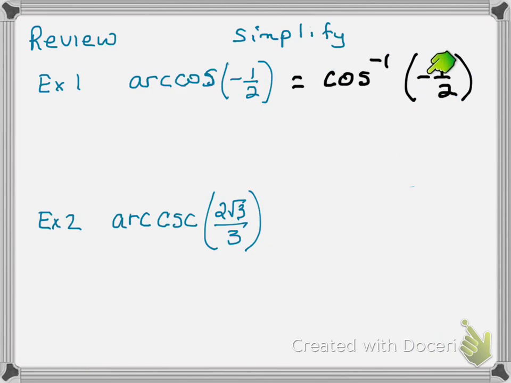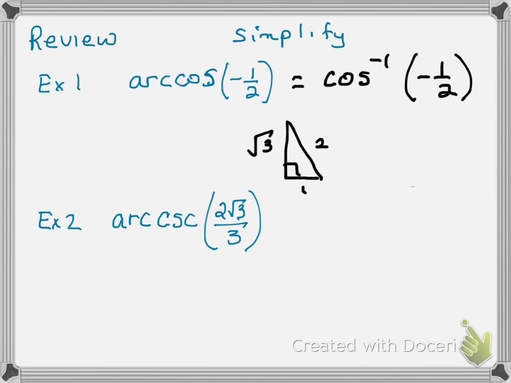So since I have a negative value here, that means I'll be giving a quadrant 2 answer. So think about what angle measure, if I want to know my reference angle, what would my reference angle be in radian measure if my adjacent was 1 and my hypotenuse was 2? Think back to the 30, 60, 90.